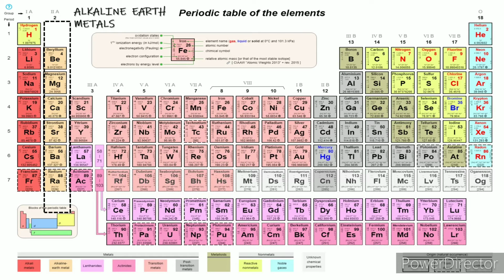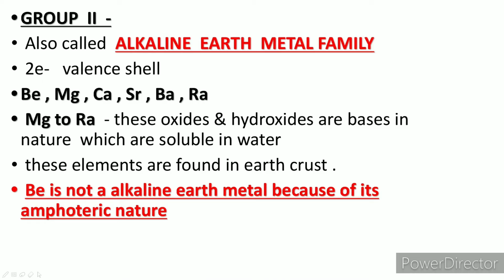Group 2. The second group is also called the alkaline earth metal family. The elements in this group are beryllium, magnesium, calcium, strontium, barium and radium. In this group, the elements have 2 electrons in their valence shell. Why are they called alkaline earth metals?